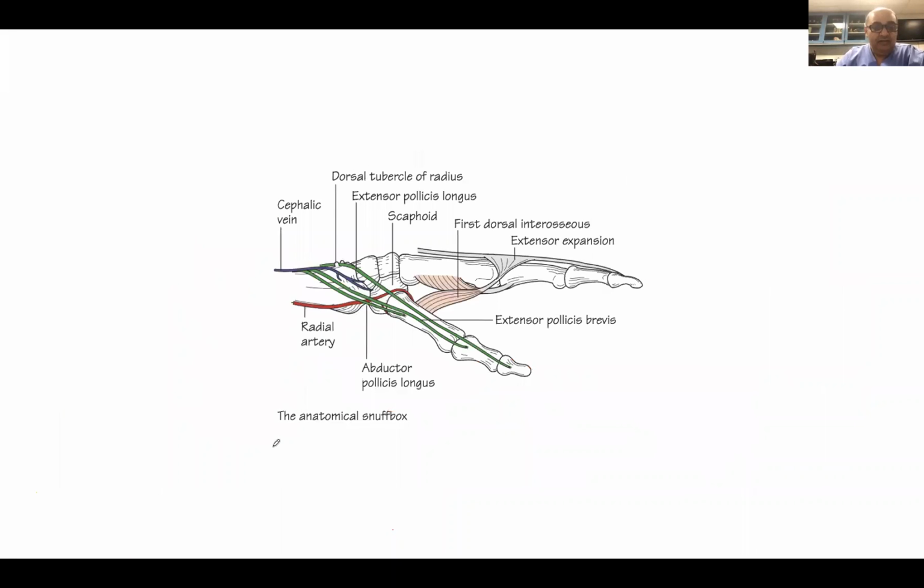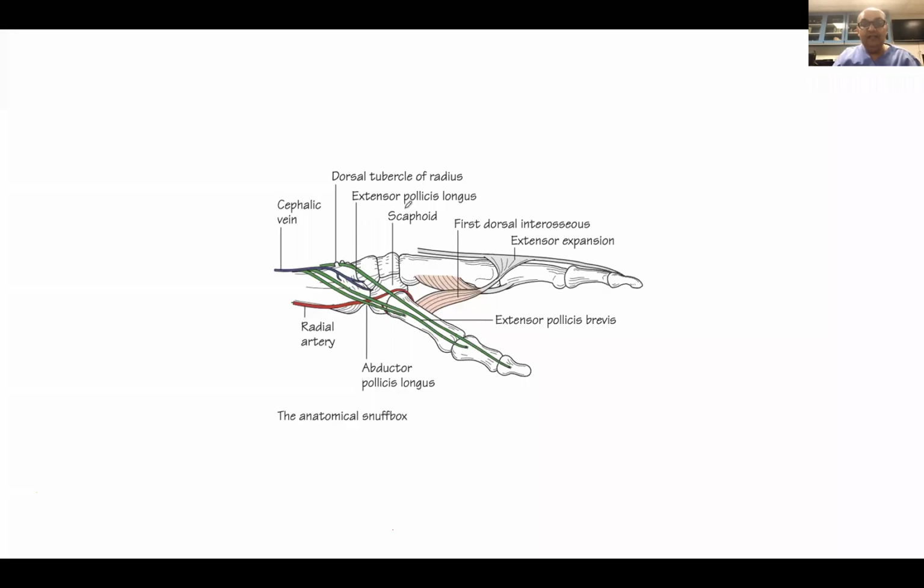Now, people were asking me about the anatomical snuff box. So here you can see, guys, the anatomical snuff box. When we're talking about a box, always remember, a box has what? A floor, a roof, and walls. The same is applicable here. Now look at this diagram. You can see some tendons.